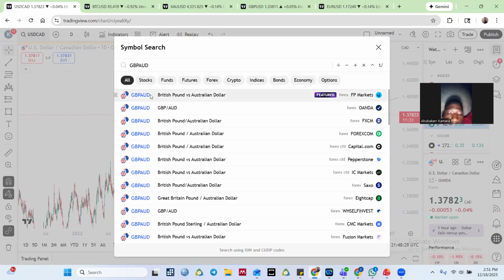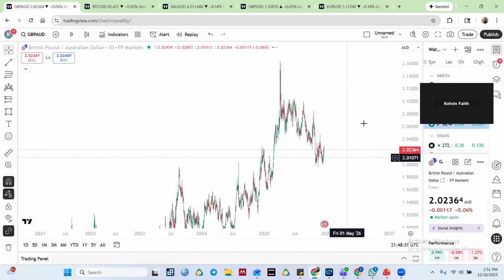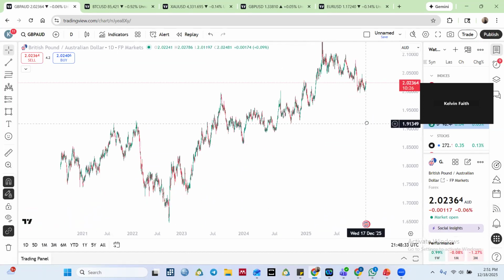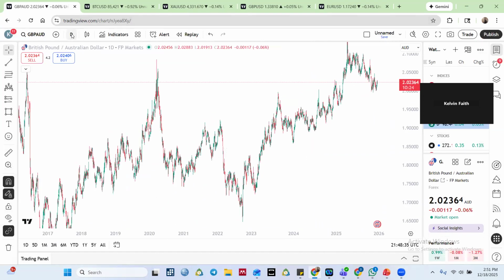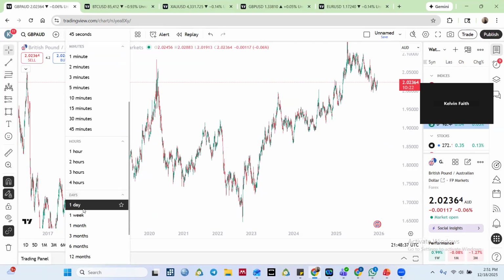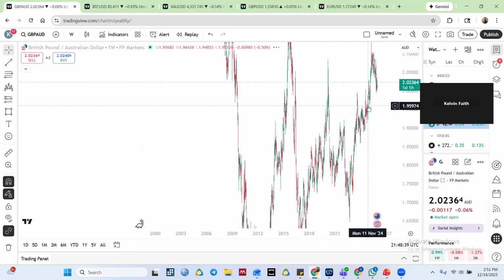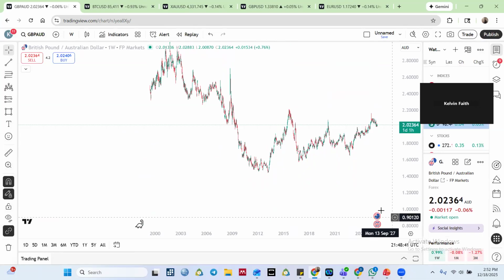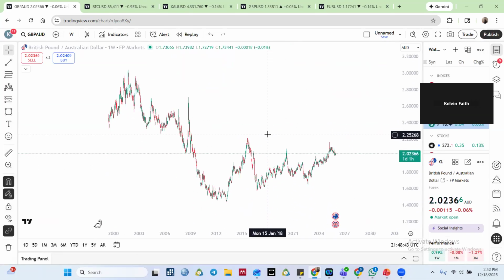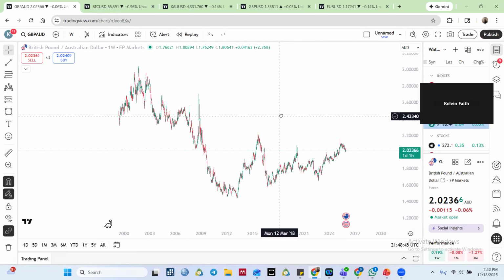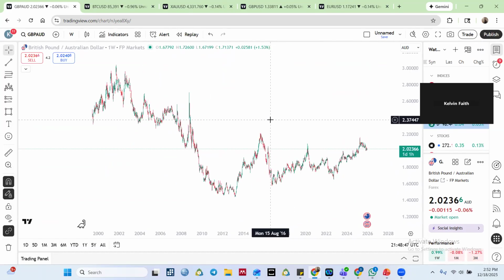GBP AUD, British pound, Australian dollar. Good. The same scenario. First, I would want to go to monthly to see what everything looks like before I make any decision. So monthly time frame, just look at it.